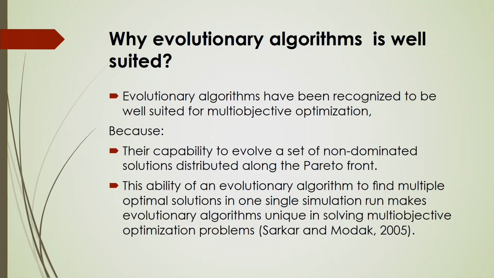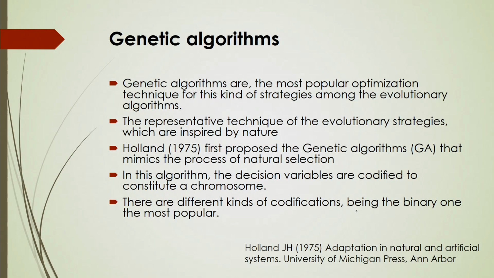That is why these algorithms are recognized as well suited for multi-objective optimization. Also, evolutionary algorithms can find multiple optimal solutions in one single run, which is unique in solving multi-objective optimization problems. So, that is why it is very important.